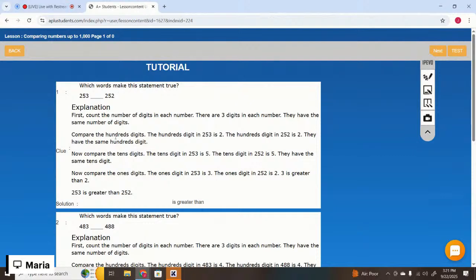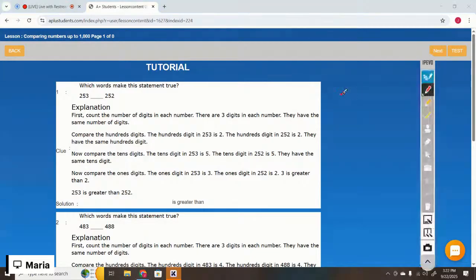Which words make the statement true? 253 and 252. Let's see how we compare the numbers. We always start comparing the numbers with the highest place value.